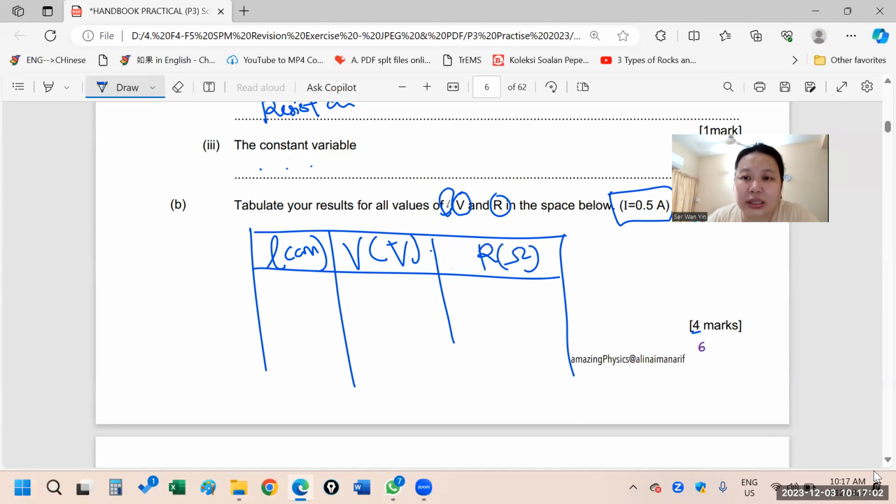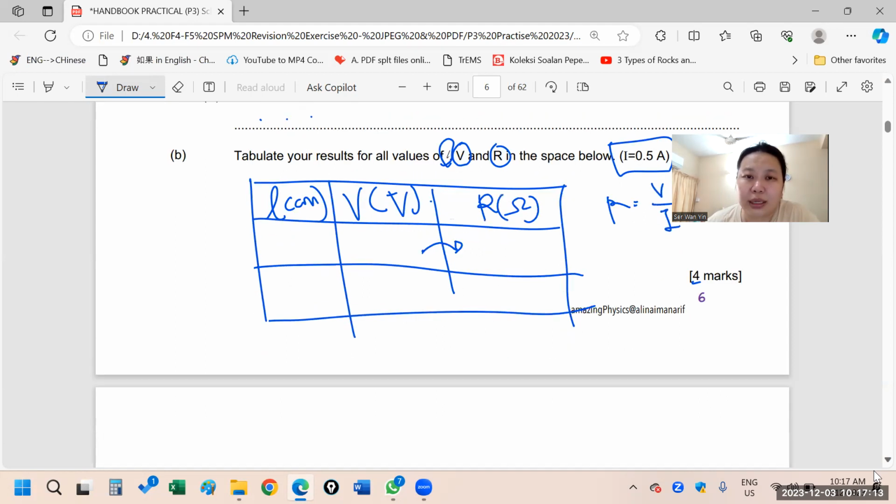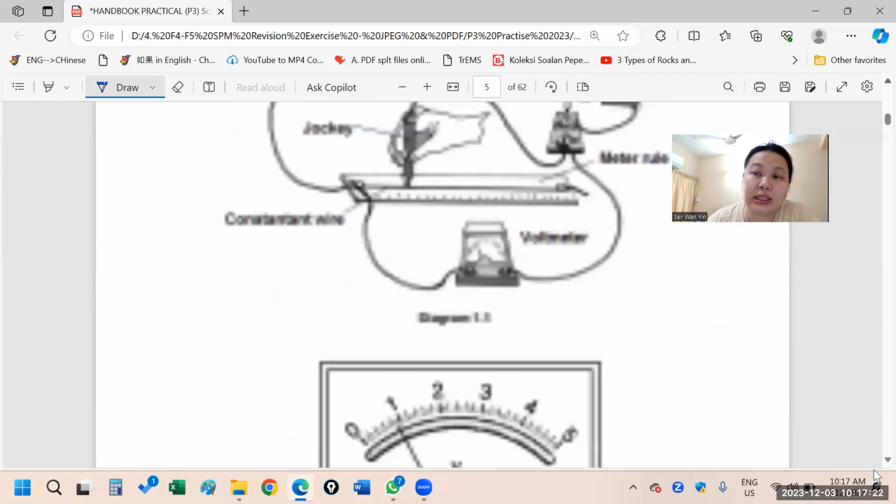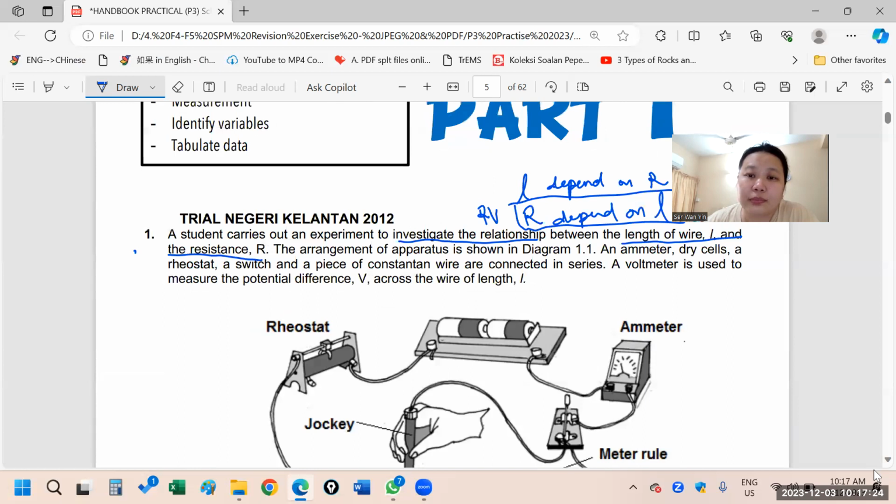So once you get V, since R equals V divided by I, we use all of the V divided by I, you get R. But I don't think this experiment will come out. Just to guide you all. Read the question. From the question you know what is MV and RV.